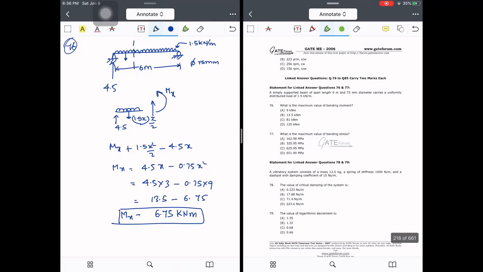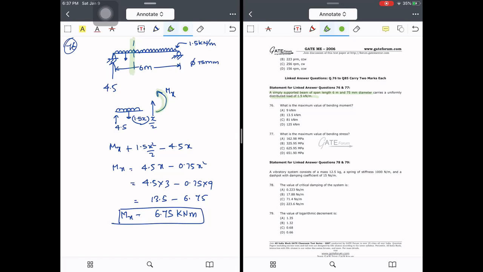Now coming to the 76th question. You see, it's a simply supported beam in bending. The span is 6 meter, diameter 75 mm, and it carries a uniformly distributed load. For the maximum bending moment there is a simple formula, but it's better to prove it.